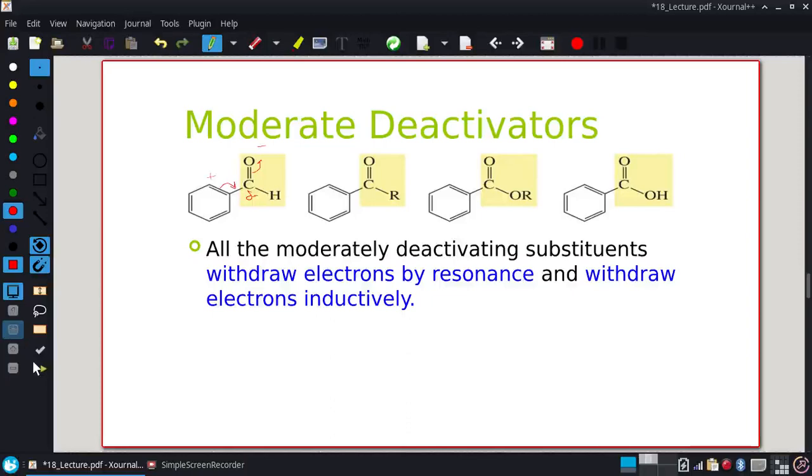And the withdrawing is also because that is a polar location pulling the electrons towards it. Both the withdrawing from induction and from resonance contribute to the fact that this will be a less nucleophilic ring.